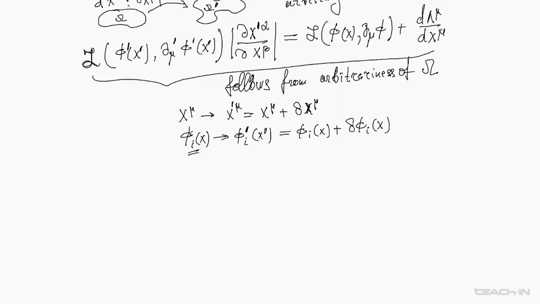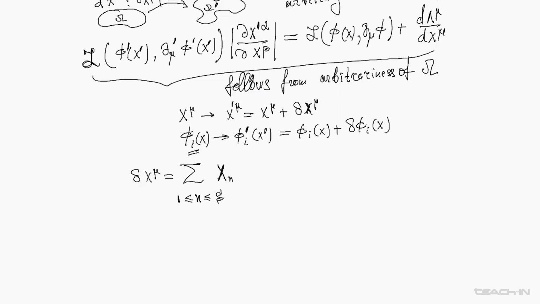Therefore, we can write that delta x mu is given by the sum over n from 1 to s of X_n mu multiplied by epsilon n.